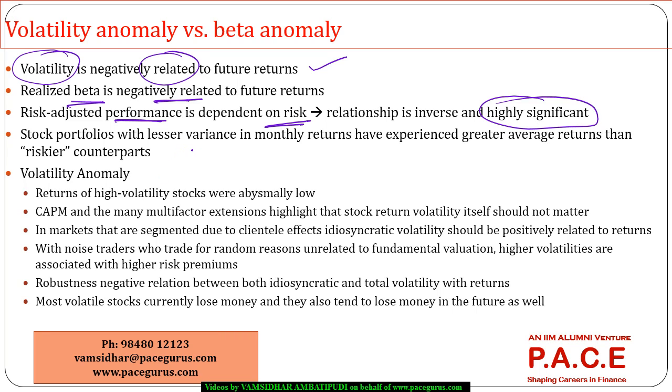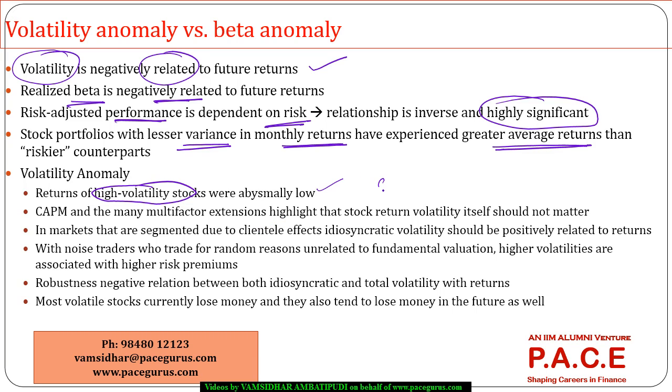So the stock portfolios with much lesser variance in monthly returns were producing higher returns compared to those stocks which were much more risky in the past. That is what we are talking about, the volatility anomaly. The returns of highly volatile stocks were very low. That's the historical experience.